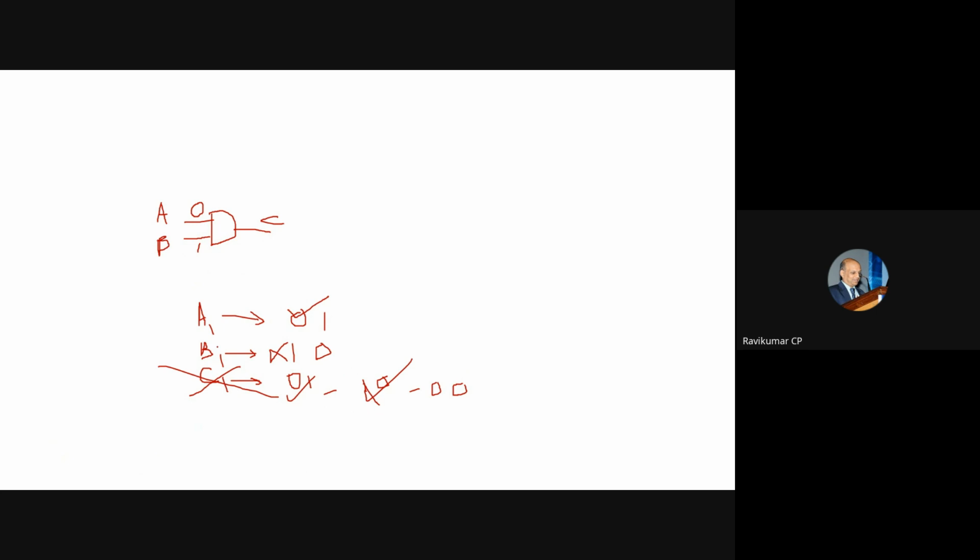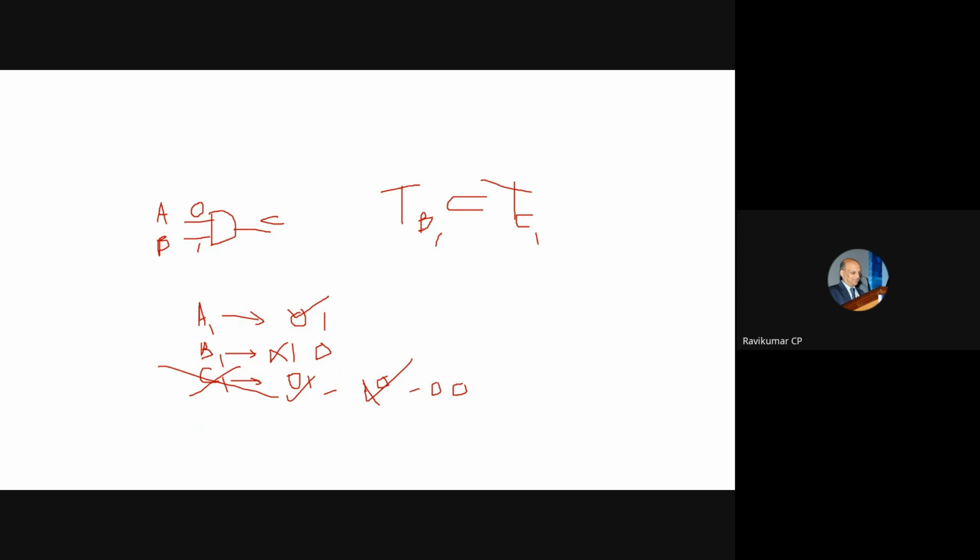The set of tests for C1, if you look at it, this one is a subset of it. So the test set for B1 is a subset of the test set for C1.